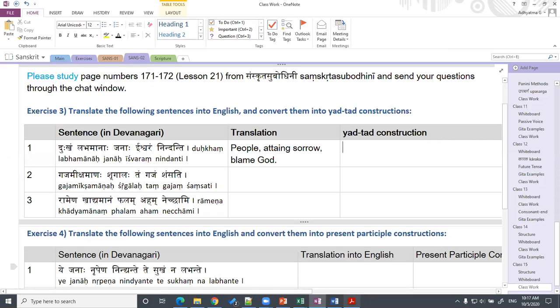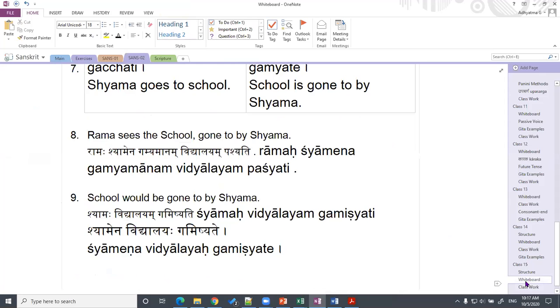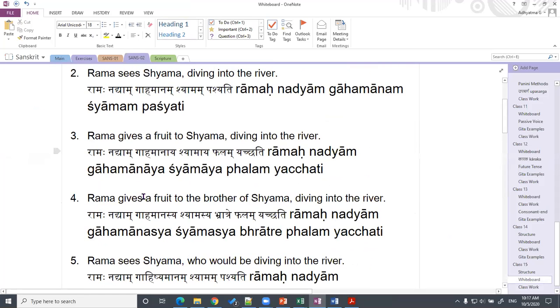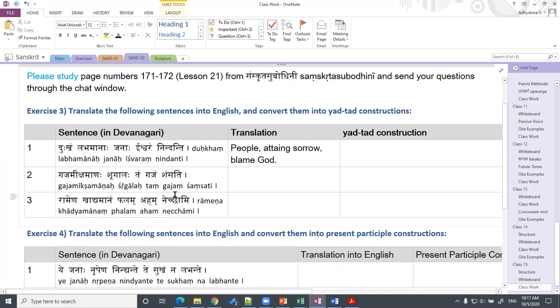For example, I personally preferred not to take that approach. I took this approach where you create these sentences and slowly you show how the participle comes into play. So different approaches, ultimately the idea is that you should understand how the participles are used. Because author has taken that approach where yat-tat construction is being used to explain the concept of participle, his exercises in the book are of the similar kind.